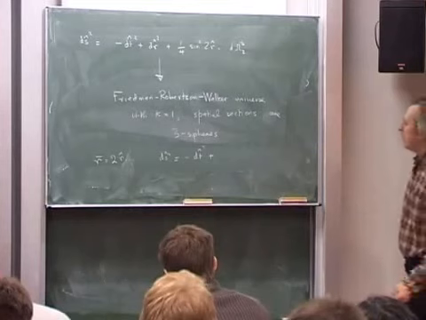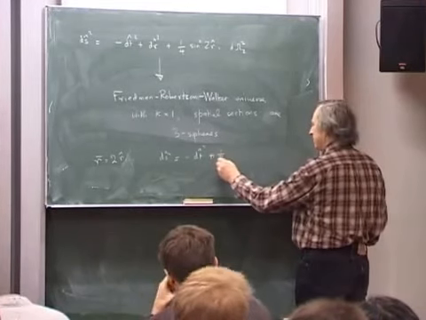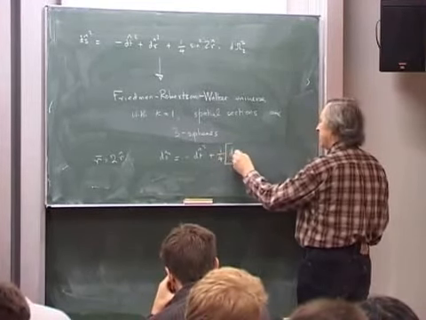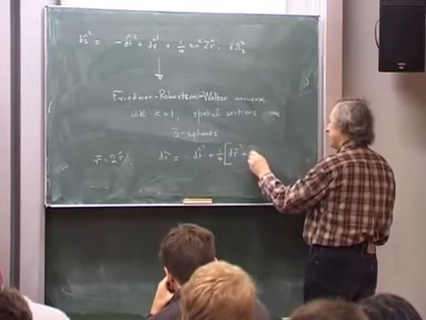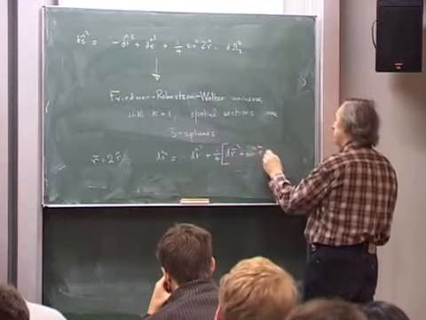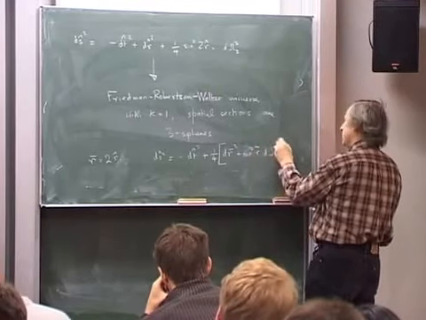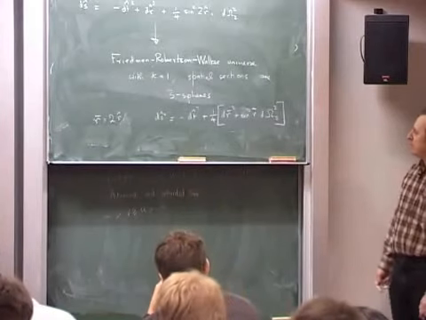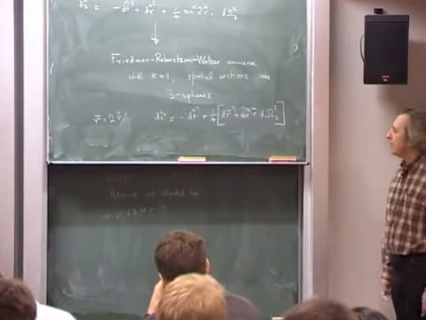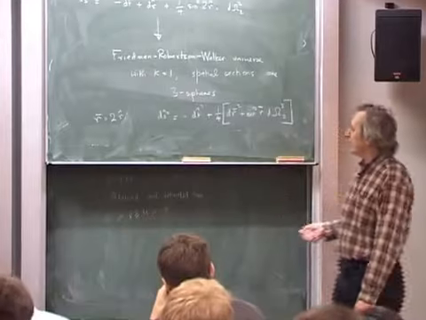So you will end up with 1/4 of dR bar squared plus sine squared R bar d omega 2 squared. That makes it completely and utterly obvious that it really is a Friedmann-Robertson-Walker universe, although with a slightly peculiar scale factor, 1/4.